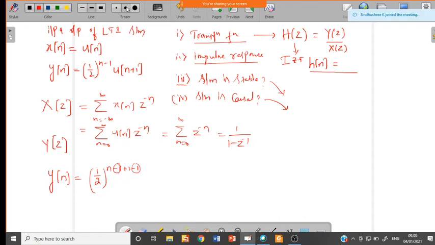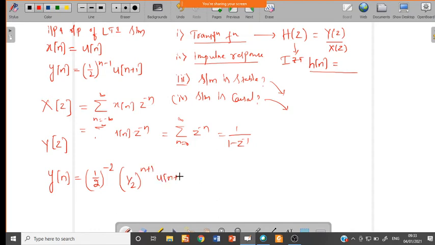Like that you have to manipulate. So if you do it like that, you will get half power minus 2 extra, then half power n plus 1 into u of n plus 1.